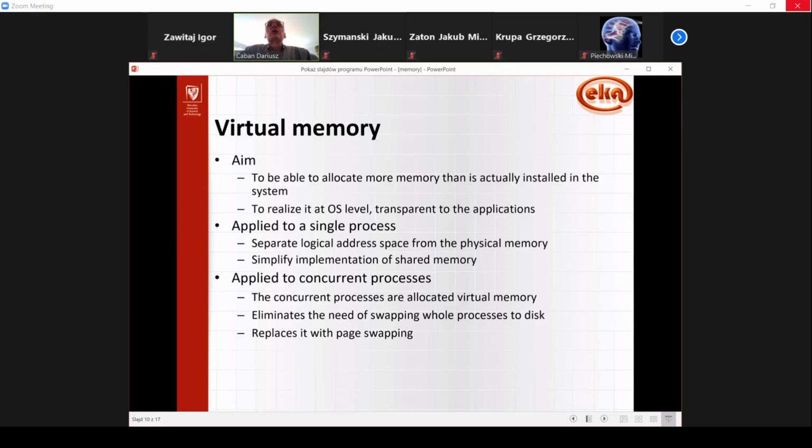Of course, we will be talking about fragmentation also when I get to the next topic that will be discussed, that is the file systems.